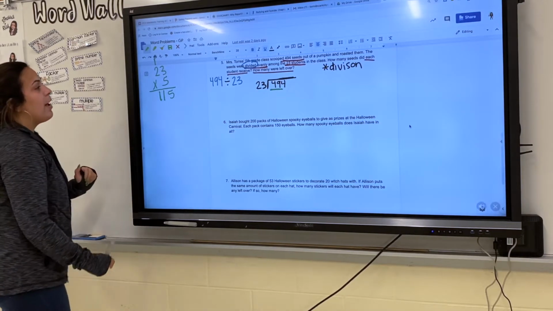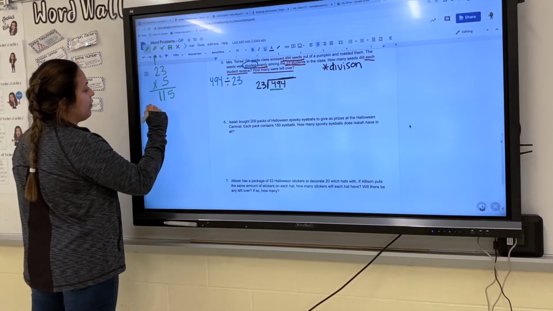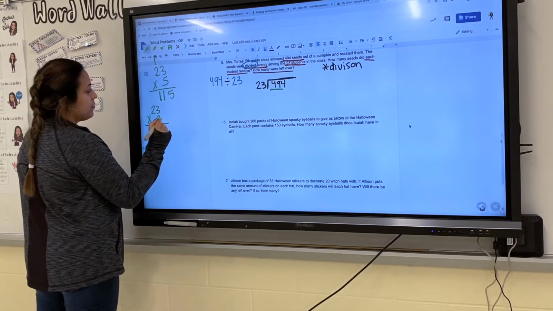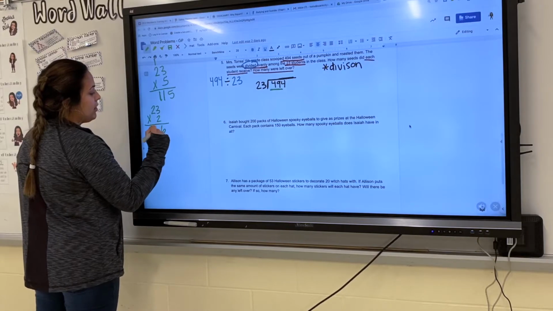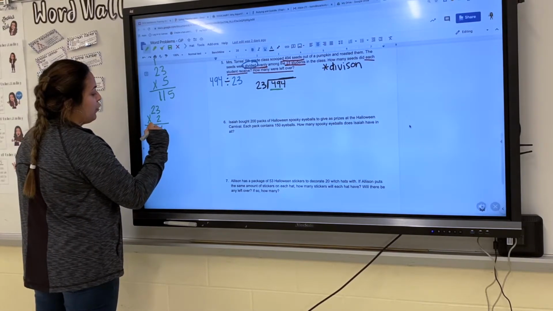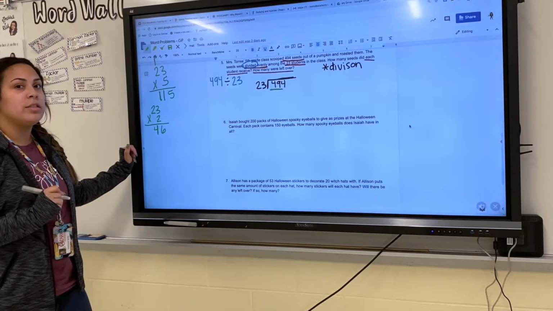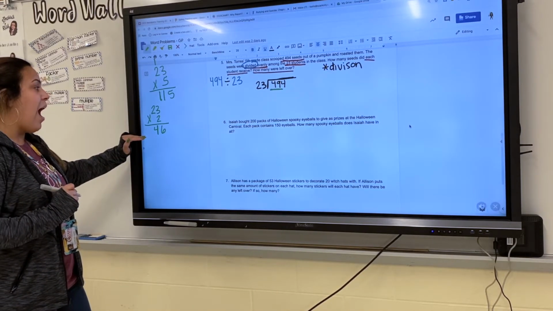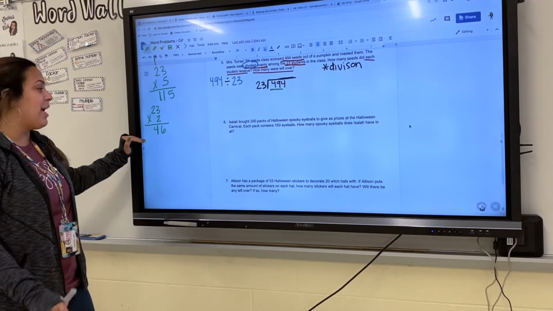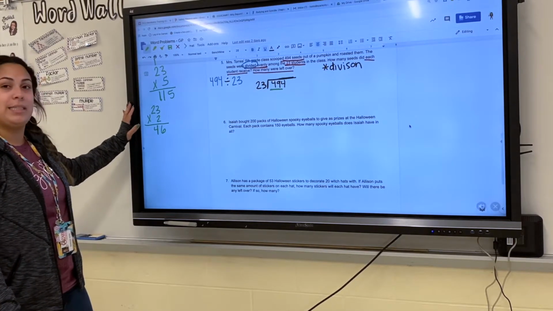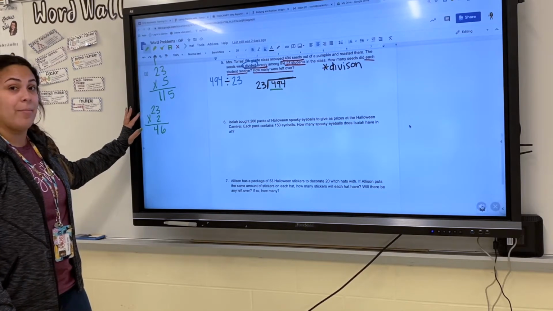So I'm going to multiply by 2 and see if that gets me any closer to 49. 3 times 2 is 6. 2 times 2 is 4. 46 is a lot closer to 49, and honestly, I think if I went up 1 higher, I would go over 49. So I'm just going to stick with 46 because that's as close as we're going to get.